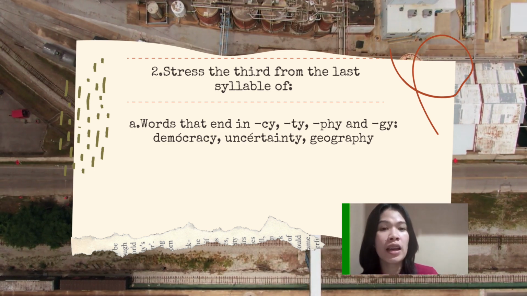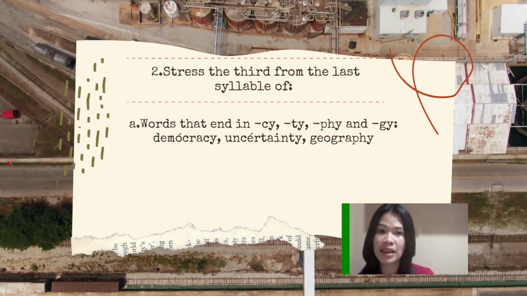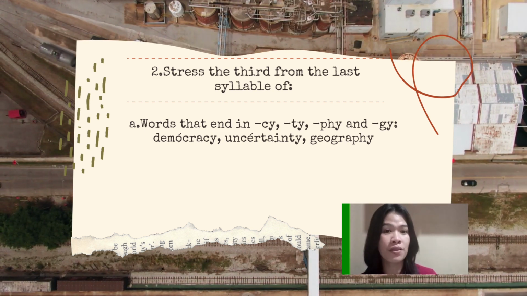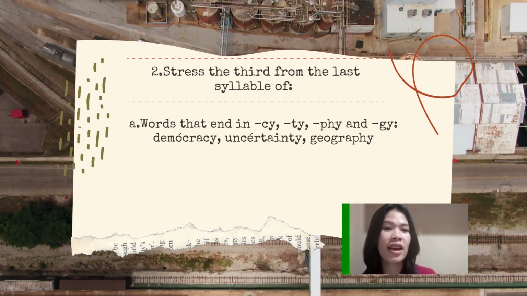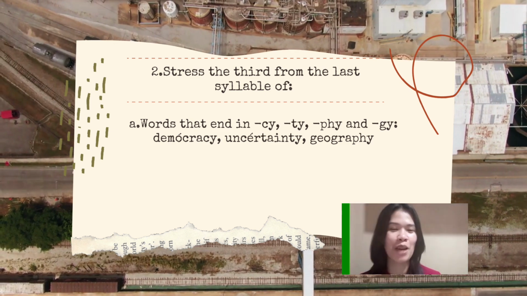For the words democracy and uncertainty, we also have geography, and that is the last rule for our multisyllabic words.